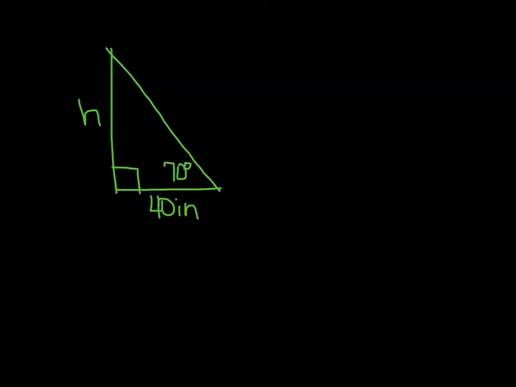So here is one last example. If we want to know the height of this triangle and we have one angle and one side, we can find that. We know that this angle right here is 70 degrees, so we can use the tangent of 70 degrees equals the side opposite, which is h, over the side adjacent, which is 40.